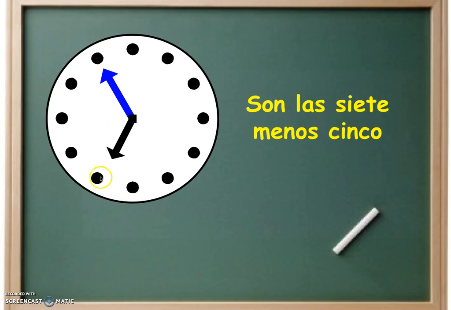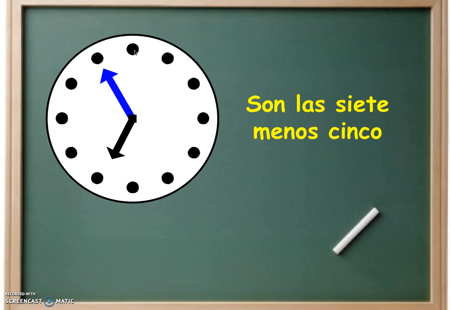So whenever the minute falls on this side of the clock, we're going to refer to menos, meaning I know it's 6, I know it's in the 6 o'clock range. However, because it's closer to 7 o'clock than it is to 6 o'clock, we are going to say 7. So we're kind of rounding if you think about it that way. 6:55 is closer to 7 than it is to 6.